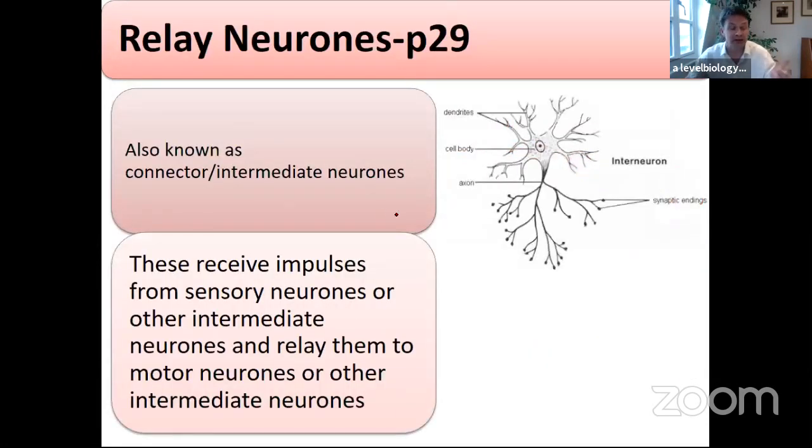Relay neuron, this is known as a connector or an interneuron in many syllabuses, and this connects a sensory neuron to a motor neuron if it's just a reflex arc, or to connect to other relay neurons. So these are connector neurons, and because of that, they don't have myelination around them because they're only transmitting it a very short distance.